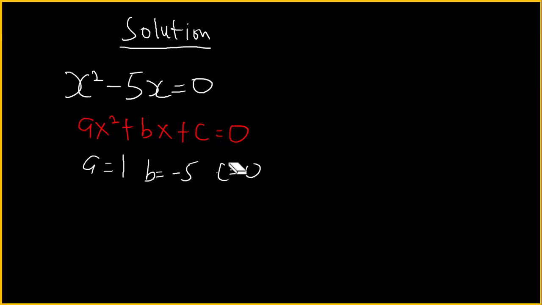So equations of these kinds are of the form ax squared minus bx equals 0, where c is not given. So where c is not given, equation of this form, how do we solve? So from here we are going to come out with the common sense.